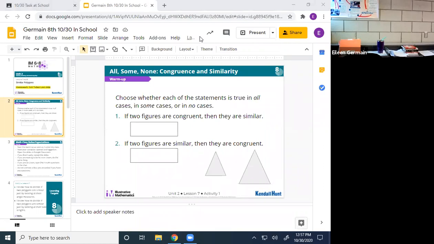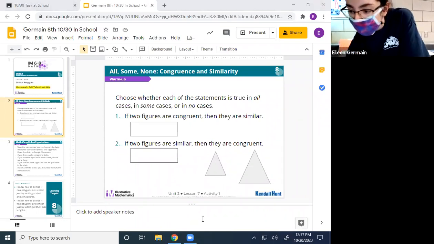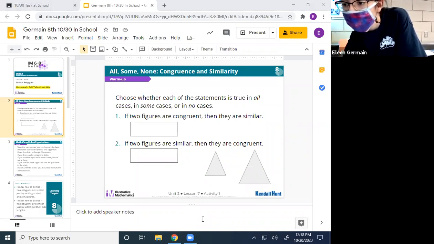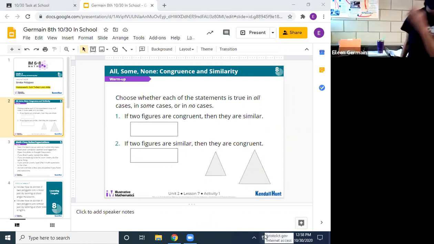So the warm-up: are some, none, or all congruent? So let's take a look. I want to pull this chat up. I usually try to leave it up. We're on lesson 7. Okay. So we have to choose. You don't have these triangles in your book, but I added them so that we had a little bit of a visual here.